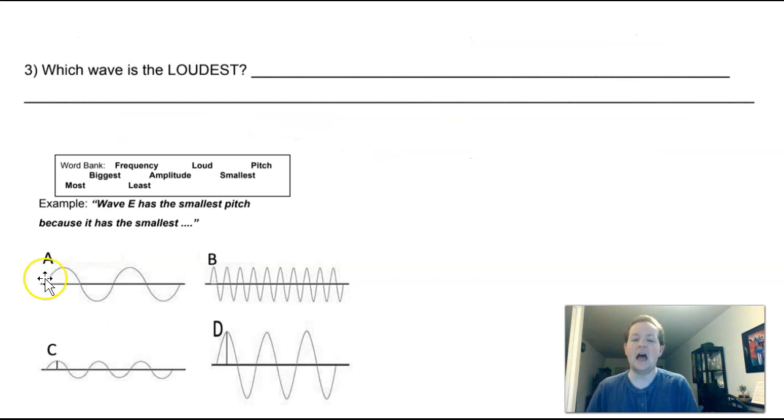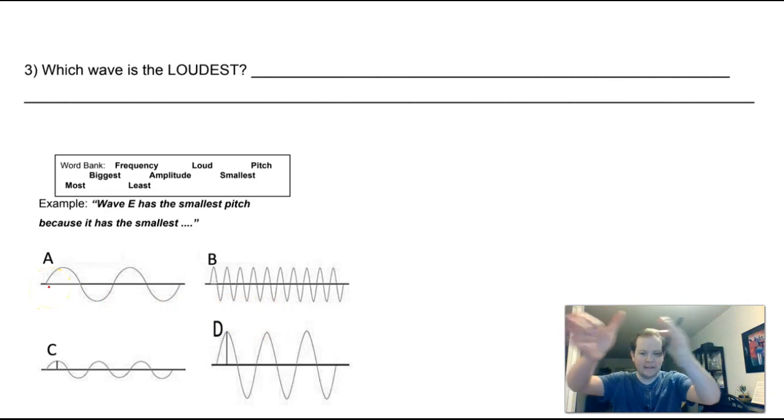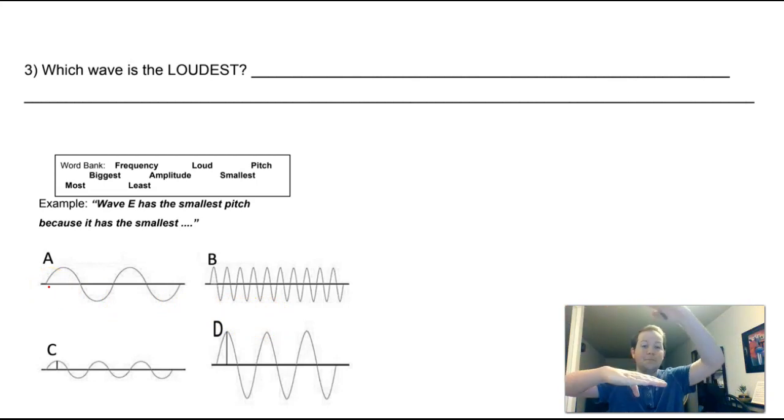Okay, now we were writing some sentences. We had these pictures. I have 1, 2, 3, 4 sound waves. They have different wavelengths. They have different amplitudes. Do you remember what the amplitude tells us about sound? Do you remember what the frequency tells us about sound?